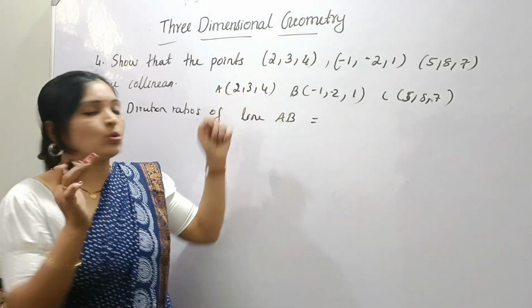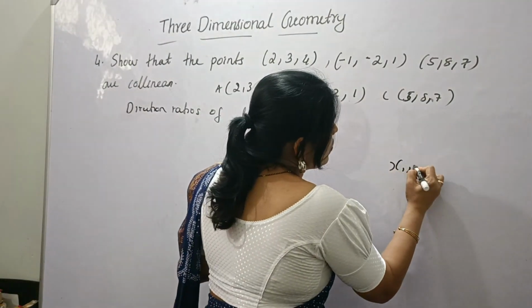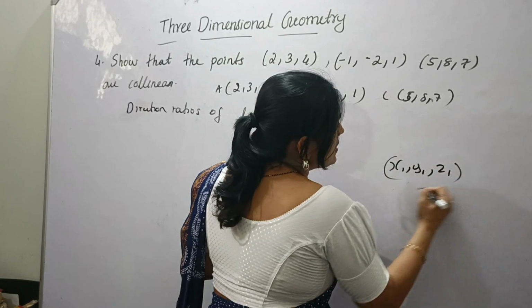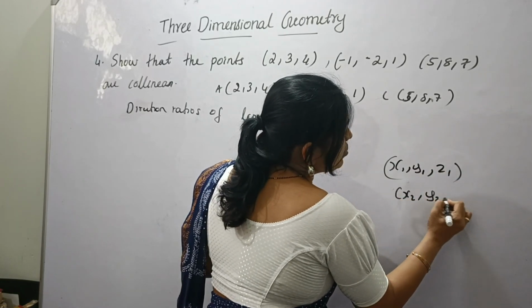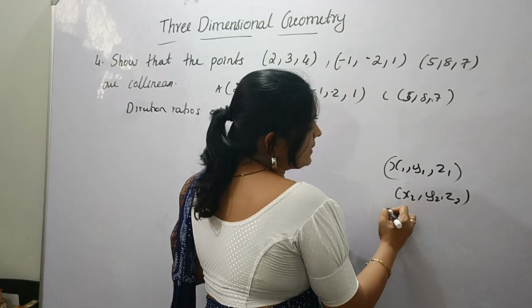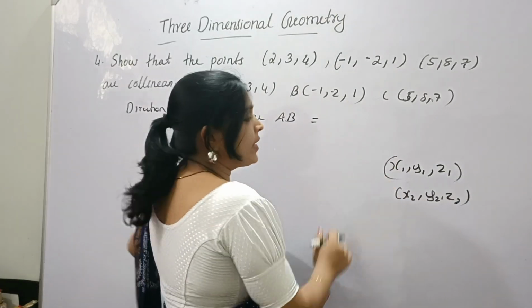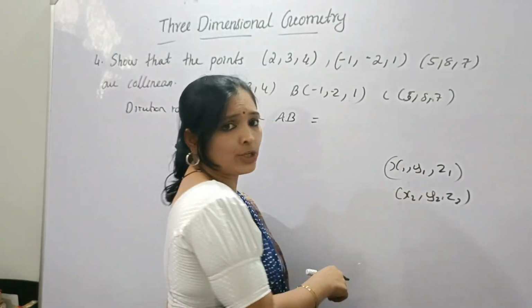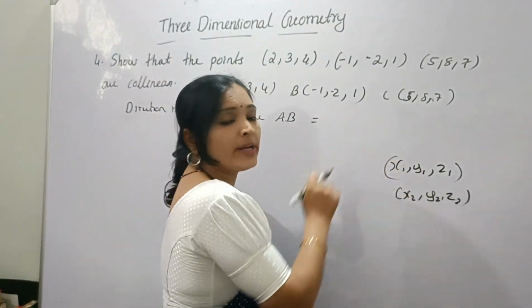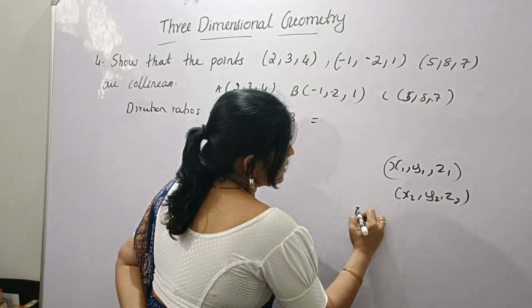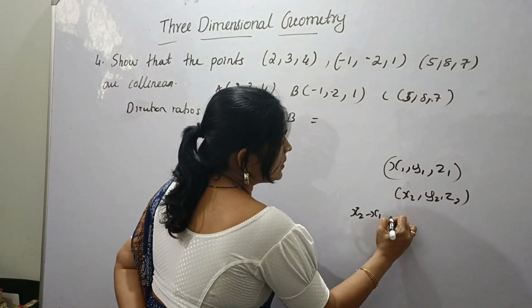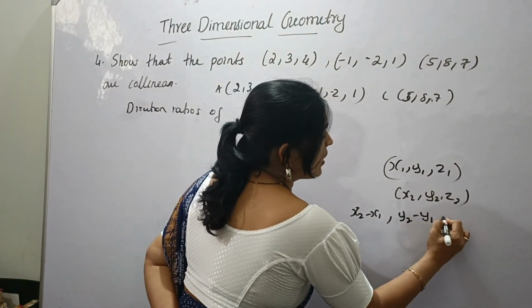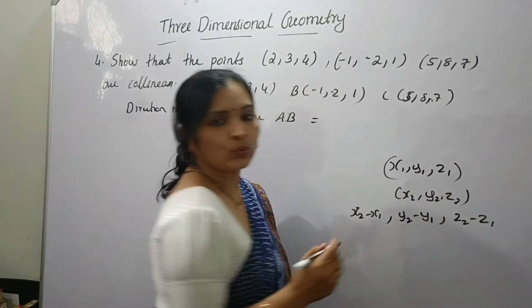If 2 points are x1, y1, z1 and x2, y2, z2, then direction ratios of a line joining these points are x2 minus x1, y2 minus y1, z2 minus z1.